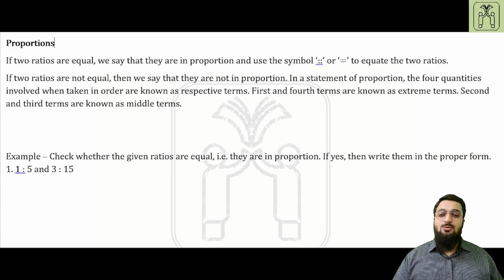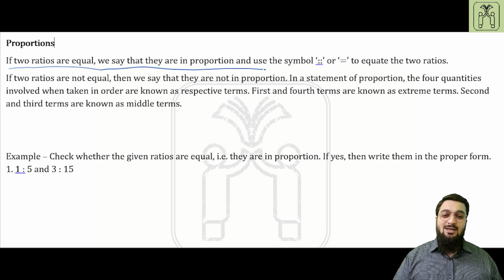So what is a proportion basically? If two ratios are equal, we say that they are in proportion and use the symbol of equals to equate the two ratios.